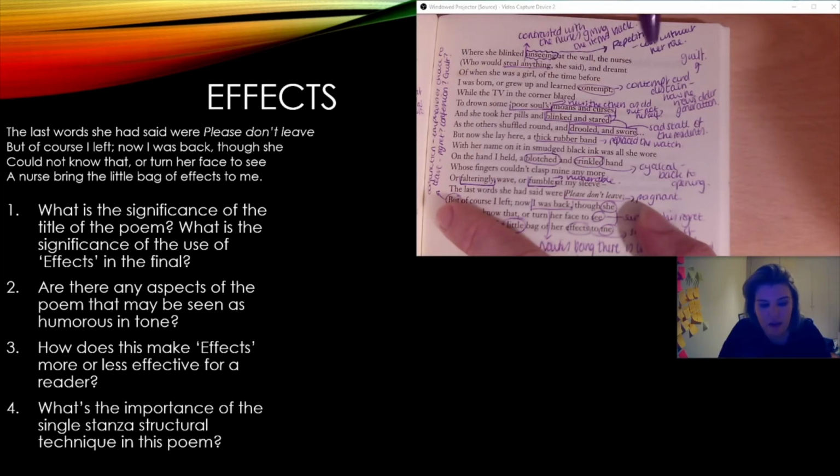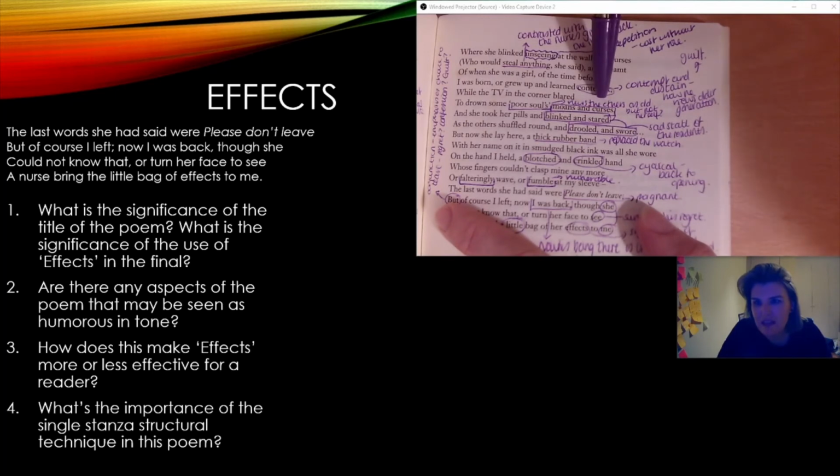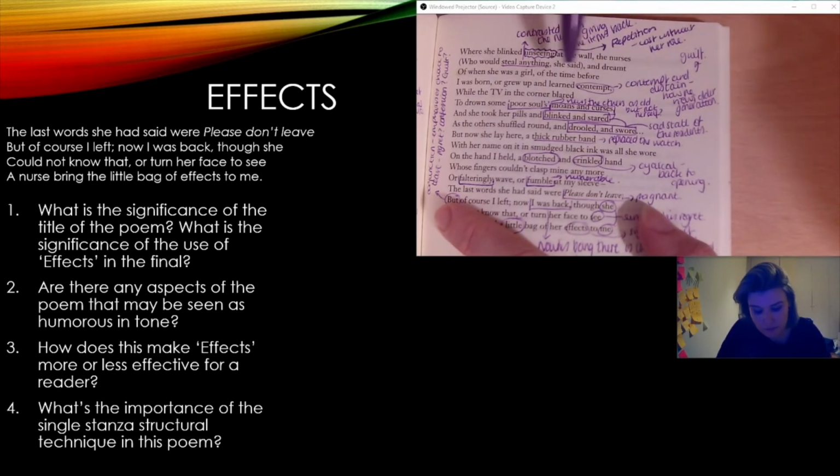But actually then, when his father died, the TV was there maybe more as a comforting thing for the mother, a background noise, because she was actually more preoccupied with her inner weather. And here the TV is on, but again it's neglected, it's there blaring out to drown out some poor soul's moans. So we really get this sense of the views of the others in this psychiatric ward and how they are sort of behaving.